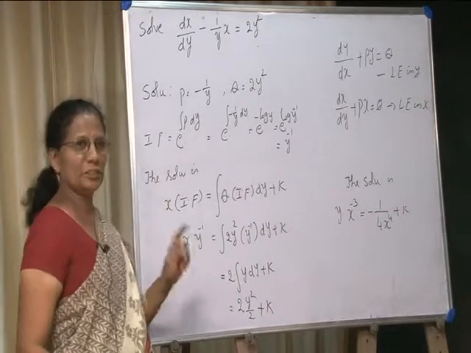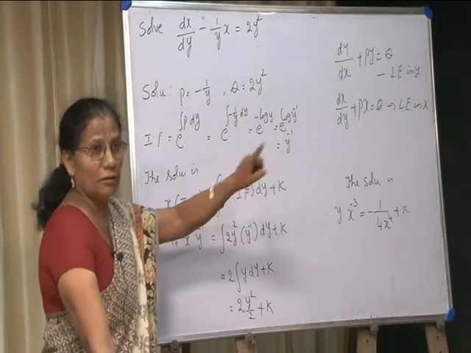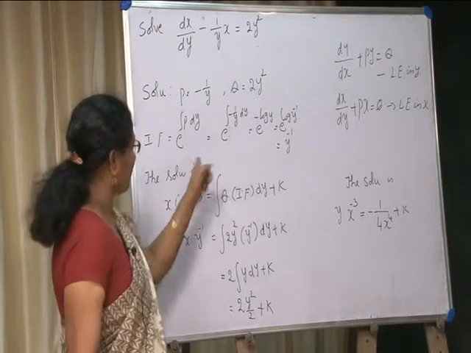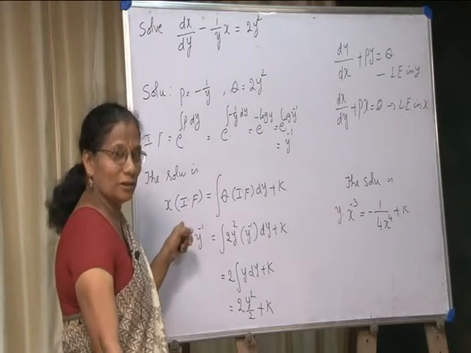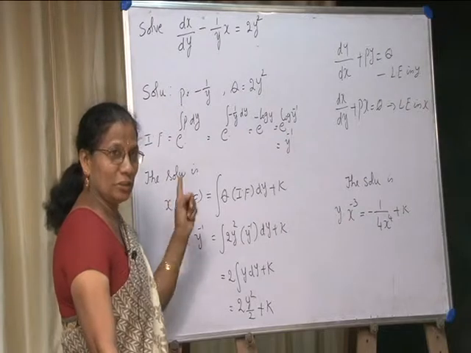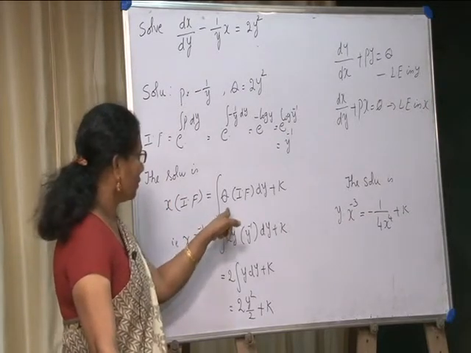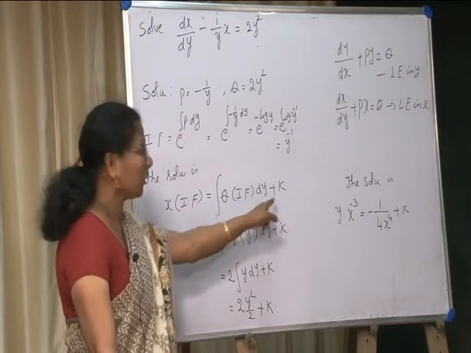So when the equation is given as a linear equation in x, not in y, how do we change the formula? See, when it is a linear equation in y, the solution is y into integral factor is equal to integration of q into integral factor with respect to x plus k.